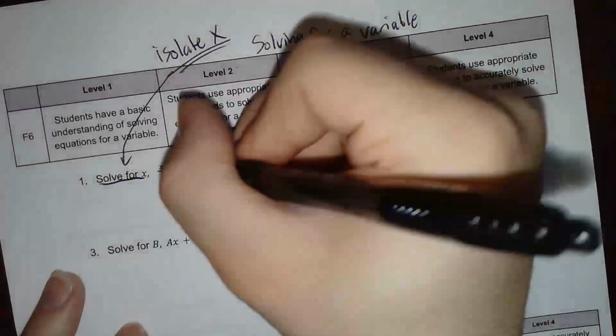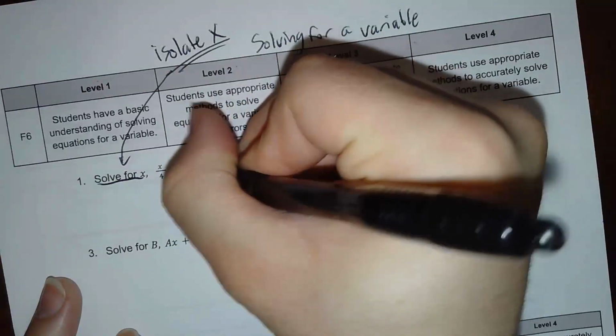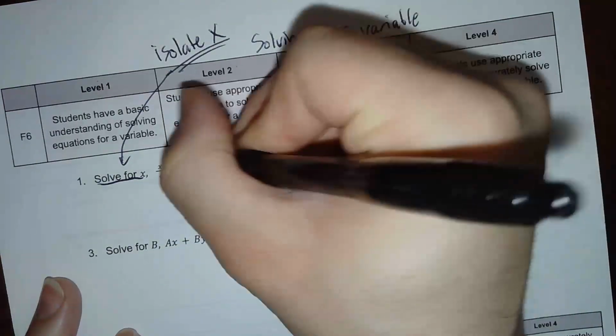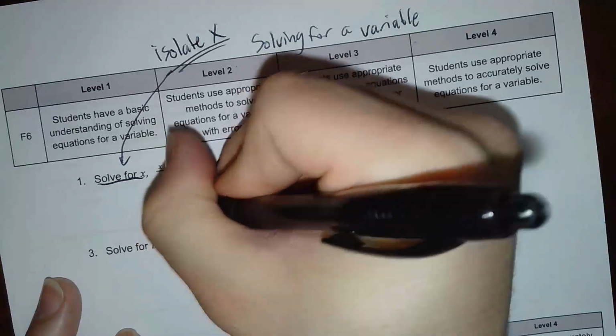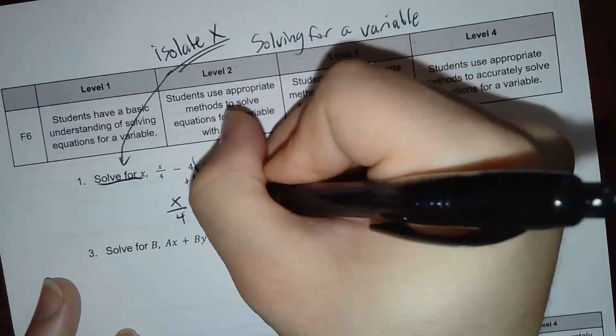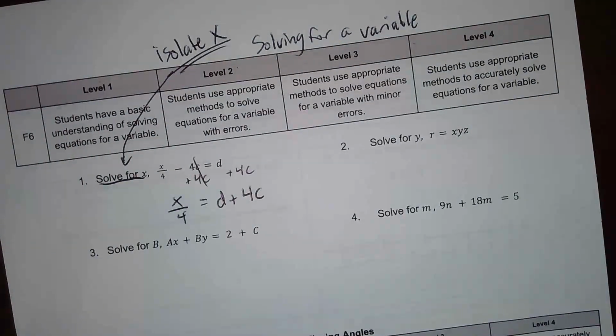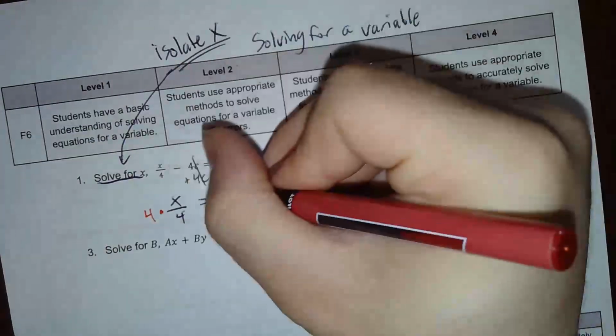So to do that, I'm gonna go ahead and add 4c. That gives me x over 4 is equal to d plus 4c. And how do I get rid of that 4? The opposite of division is multiplication.